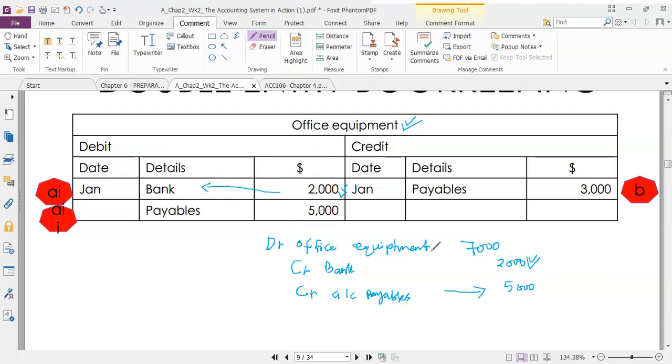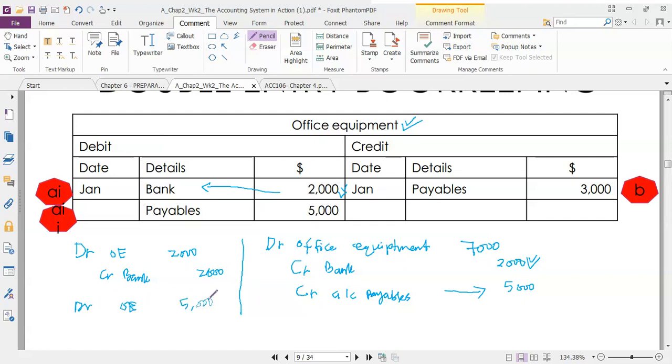Look here. Kalau you nak jelas macam ni saya buat satu-satu. So debit office equipment sebab kita bayar 2,000 saja. So kreditkan bank 2,000. Another 5,000, kita debitkan office equipment 5,000.